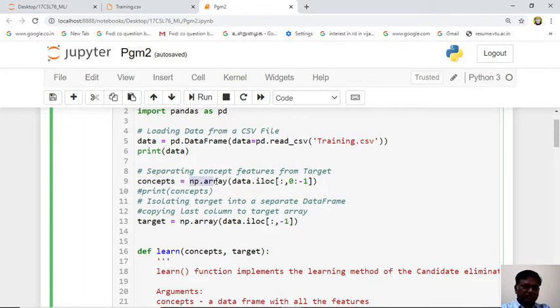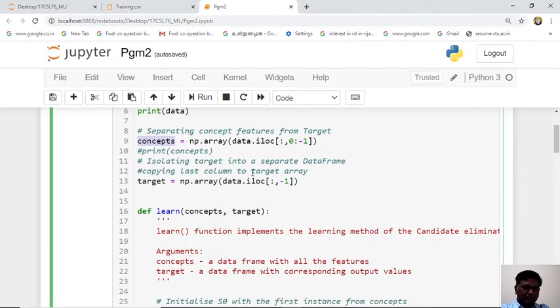You see np.array, from data, colon means all the rows, from 0 leaving the last column. So the last column is the target, and all the remaining values are taken into this variable concepts. The next line is the same command, but it is not giving the range, because target is only one column, correct? So all the values of the last column are taken and stored in target.